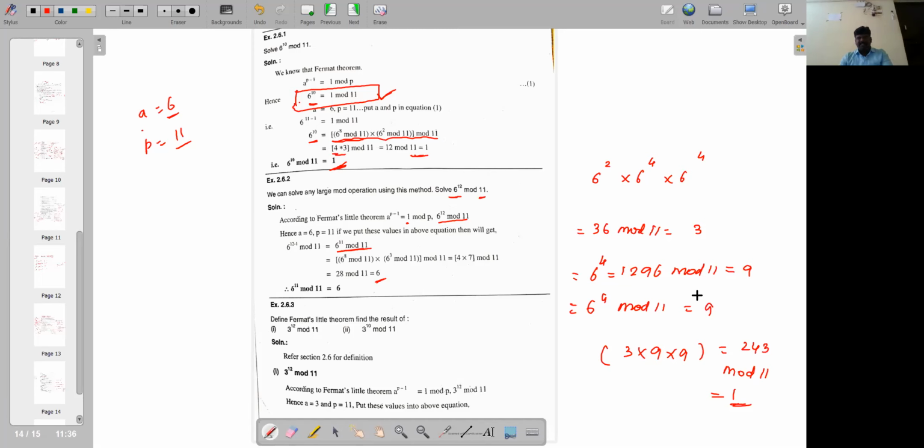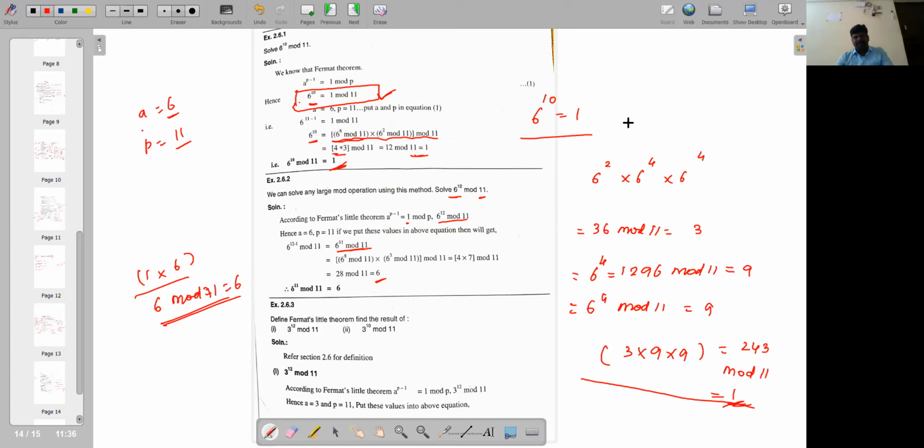Already we calculated for 6 power 10, which is 1. So 1 into 6 power 1, we get 6 mod 11, which is 6. So 1 into 6, 6 mod 11, I'll get 6. Is it clear? Already, what was the modulus value you got for 6 power 10? 6 power 10 is equal to 1.